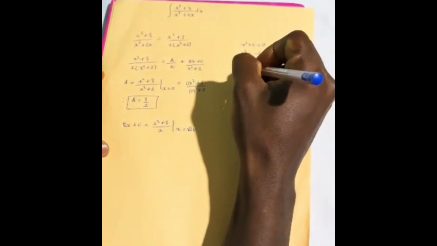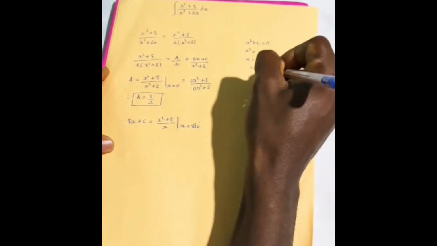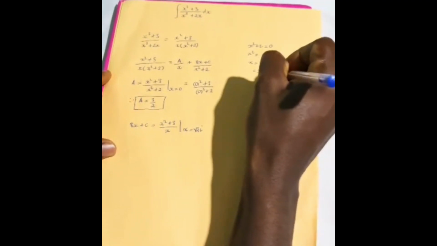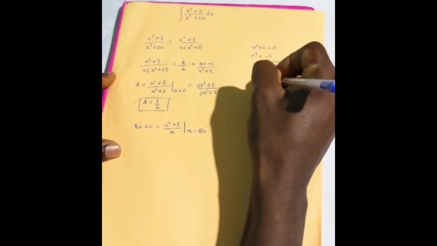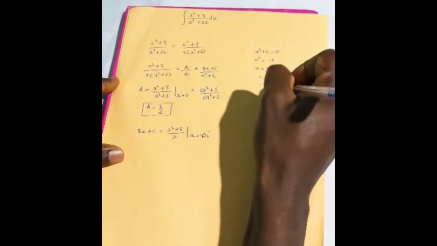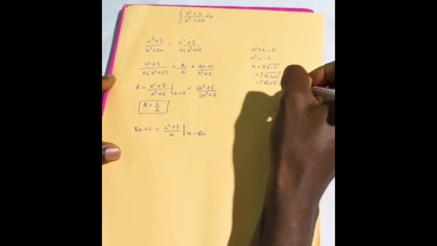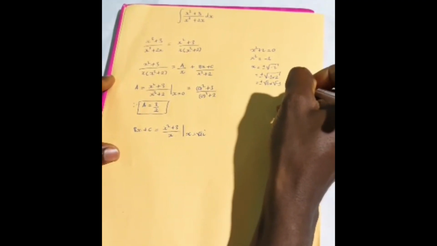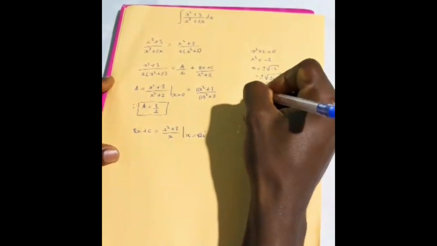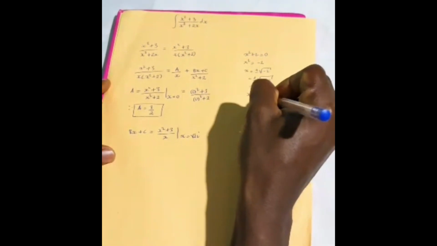So this will be equal to plus or minus square root of negative 1 times 2, which equals plus or minus square root of 2 times square root of negative 1. And square root of negative 1 is what we call i. So x equals plus or minus root 2i.